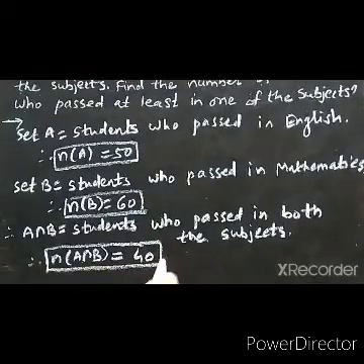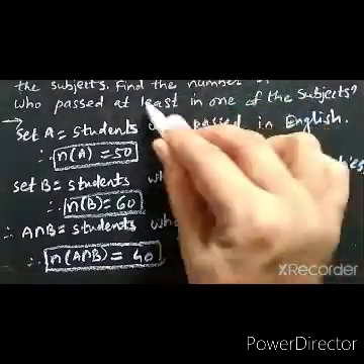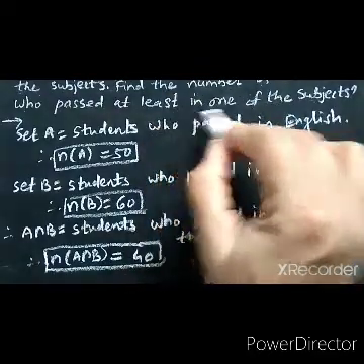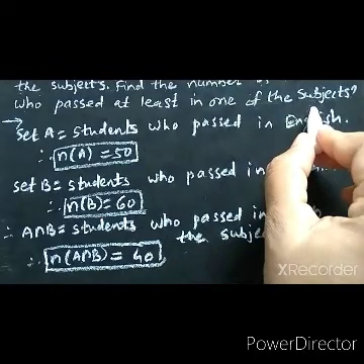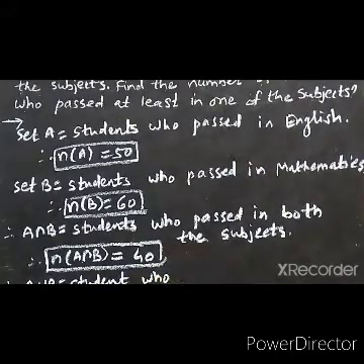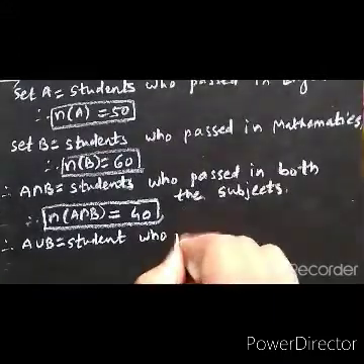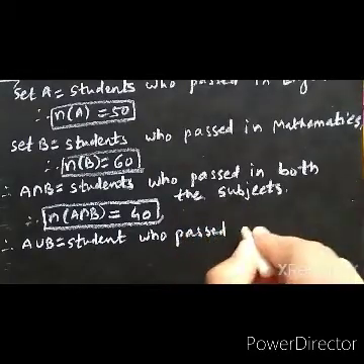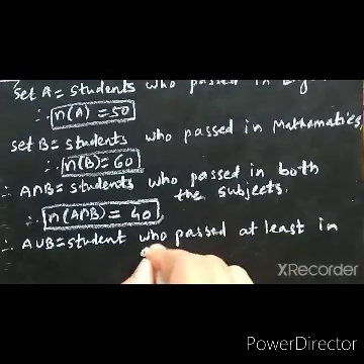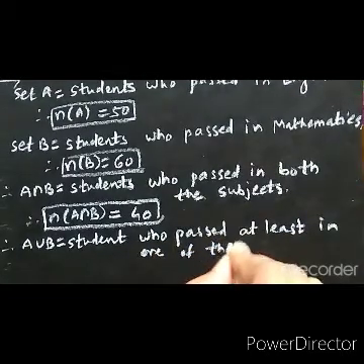Now none of them failed in both the subjects, and we have to find the number of students who passed at least in one of the subjects. That is, we have to find A union B. Therefore A union B is equal to students who passed at least in one of the subjects.